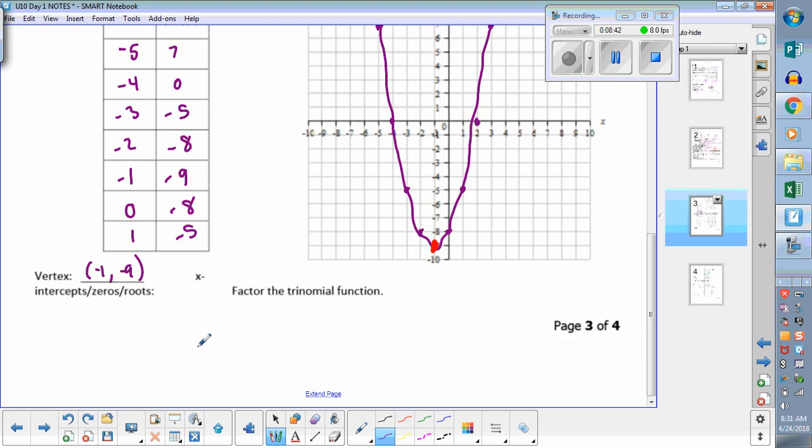Okay? So now it wants to know what are your zeros, your roots, or your intercepts. Your zeros and roots are where your graph crosses your x-axis.